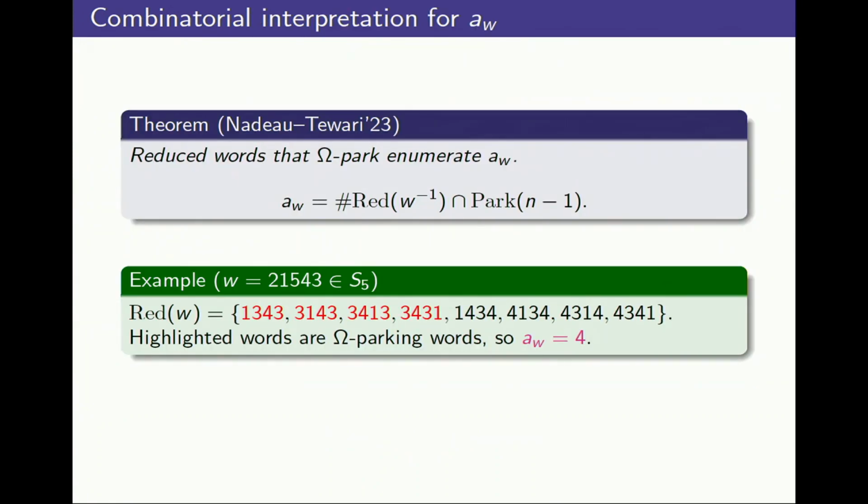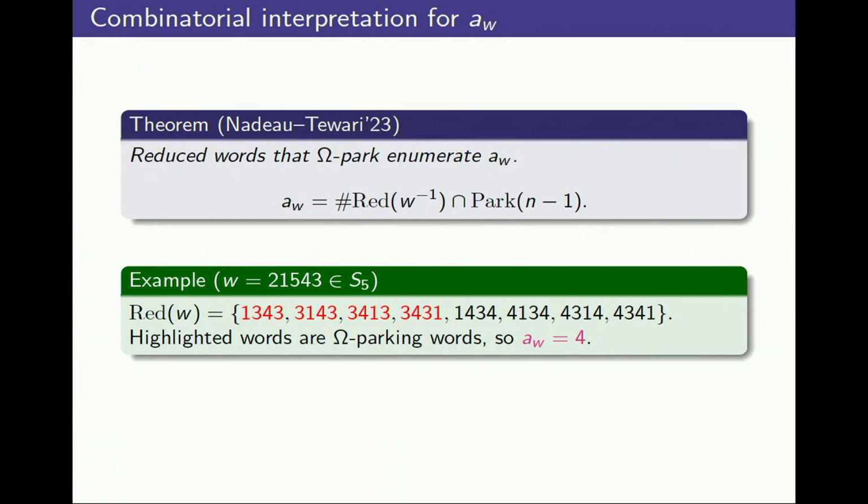Right, so here's a theorem that answers that Schubert positivity question I had at the very start. If you want to count a sub w, which was the coefficient of a Schubert polynomial, well, you start with reduced words for w inverse, perform this procedure, and if you get an omega parking word, that contributes 1, otherwise the reduced word contributes 0.